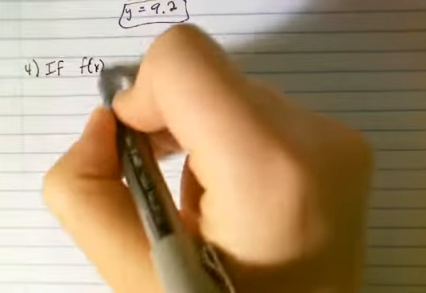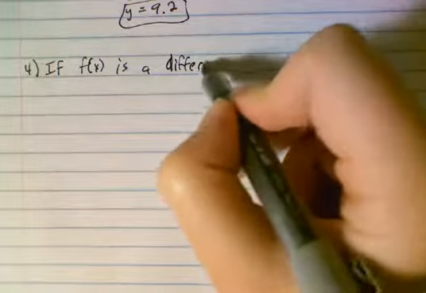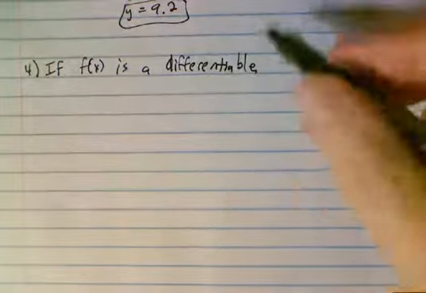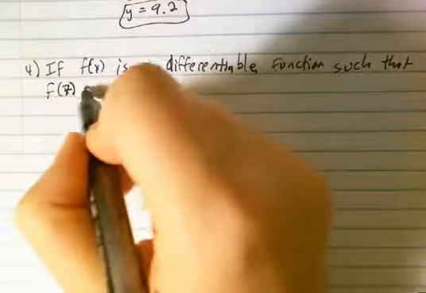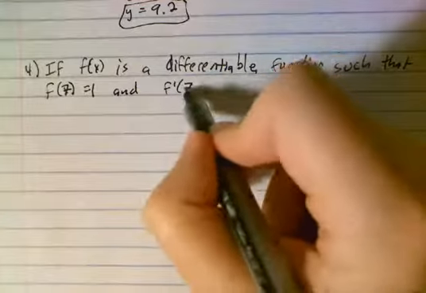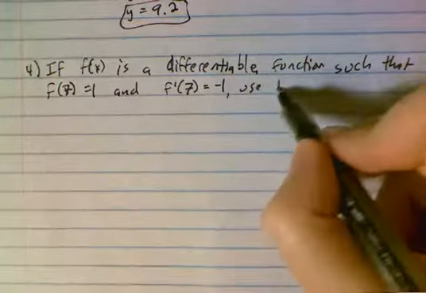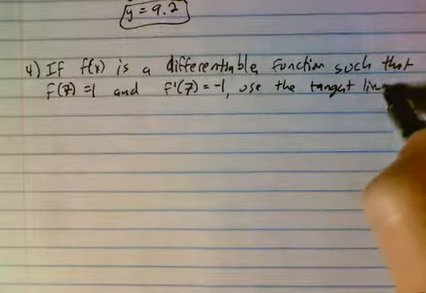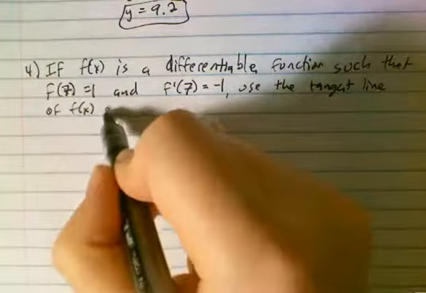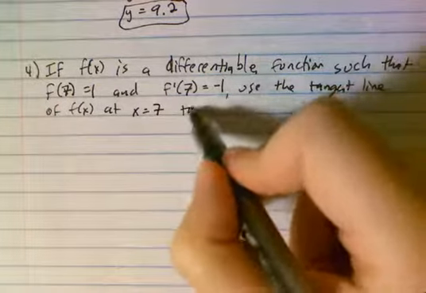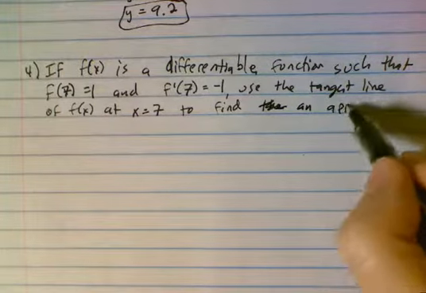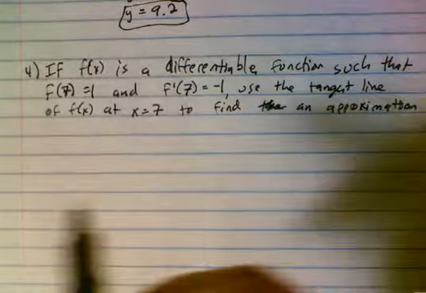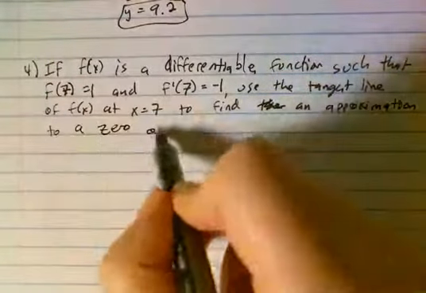If f of x is a differentiable function, remember differentiable means we can take the derivative, such that f of 7 equals 1 and f prime of 7 equals negative 1, use the tangent line of f of x at x equals 7 to find an approximation to a 0 of f of x.